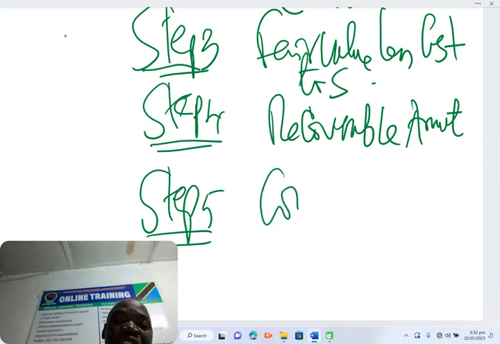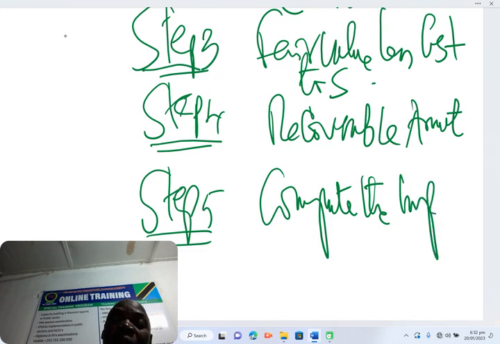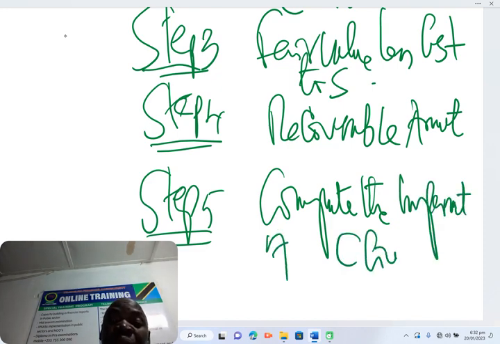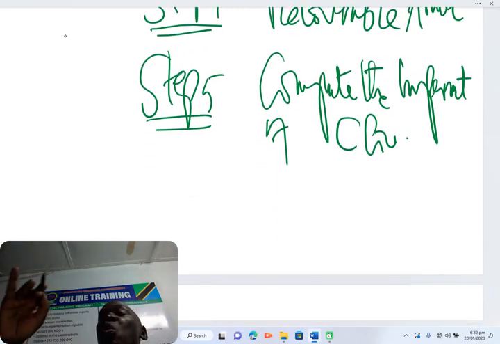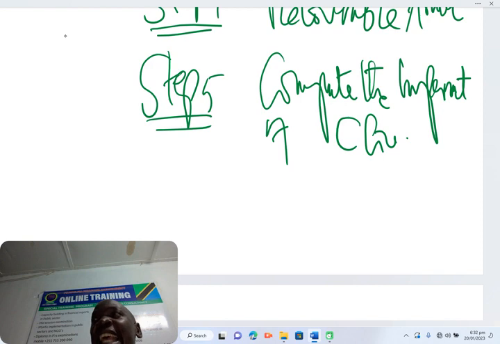So, you compute the impairment of the CGU. After having computed the impairment of the CGU, lastly, you have to allocate the impairment of the CGU to individual assets on a pro rata basis.